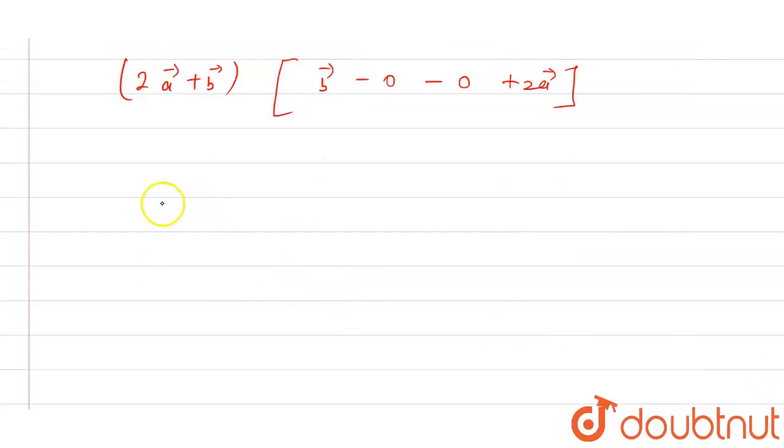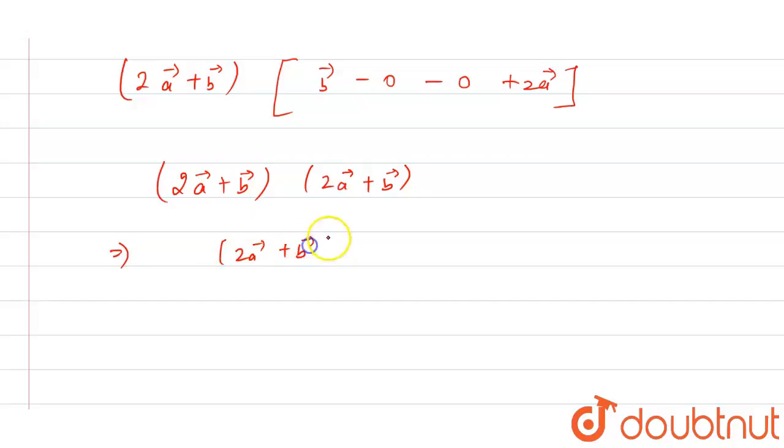Now we can write it as 2a vector plus b vector multiplied by 2a vector plus b vector. This will be equal to 2a vector plus b vector whole square. Now we know the identity: a plus b whole square is equal to a square plus b square plus 2ab.